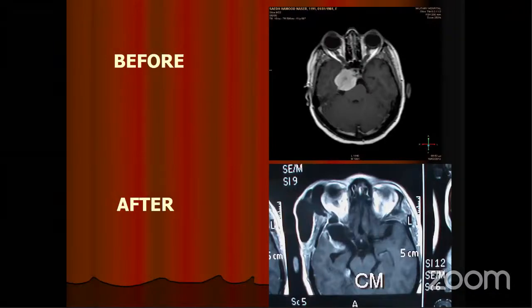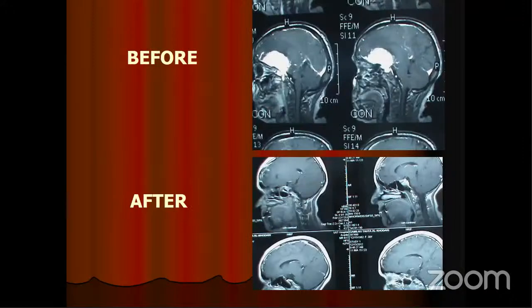You can see another very large and huge anterior skull base tumor where you cannot identify the infundibulum stalk or even the optics, extending into the sella to the diaphragm, where post-operatively the infundibulum stalk was dissected freely of the tumor.